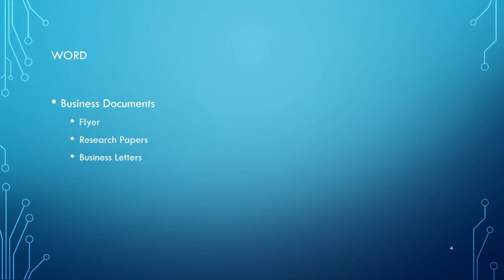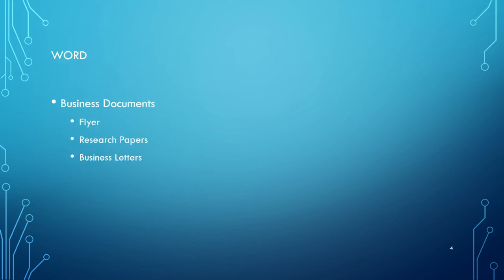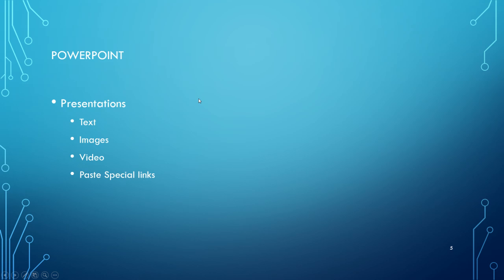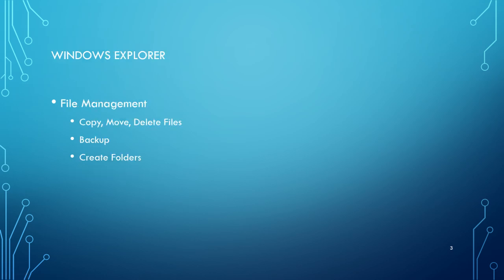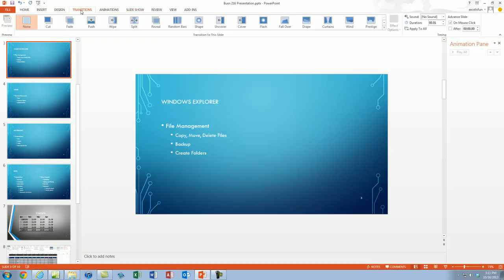Down arrow goes forward, up arrow goes backwards through the slides. You can also hit Enter, Space, or click to move forward through the PowerPoint presentation. Now notice there's no movement on the slide, that's called animation, and there's no movement between the slides, that's called transition. So I'm going to escape to get back to edit mode, and now we want to go to transitions.